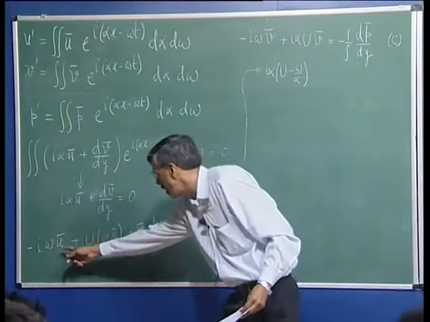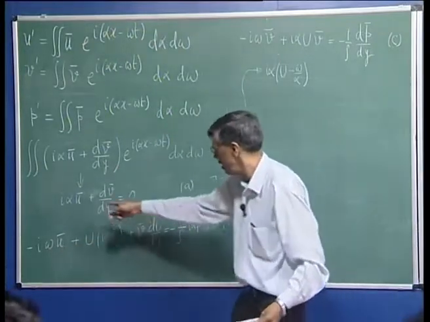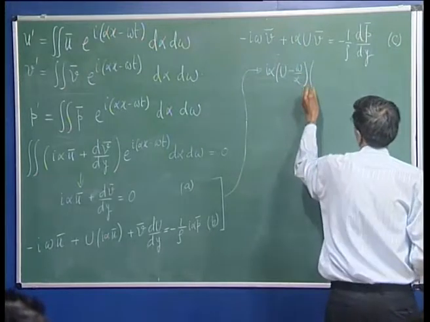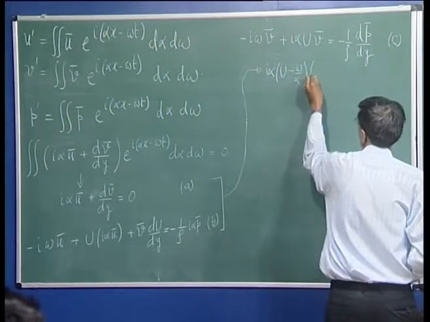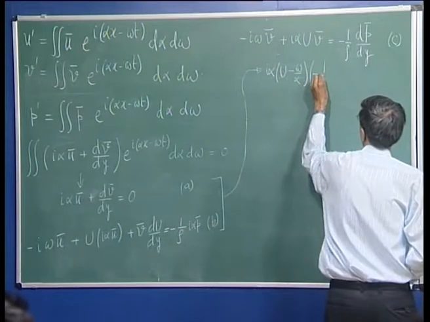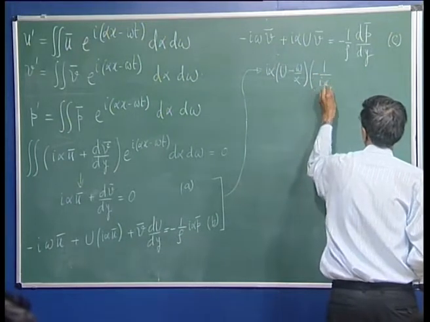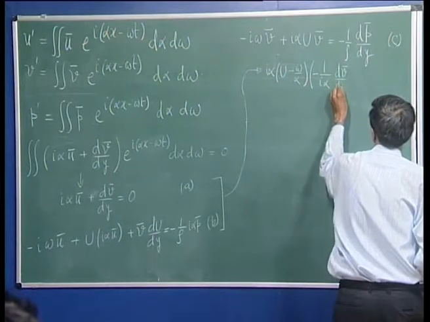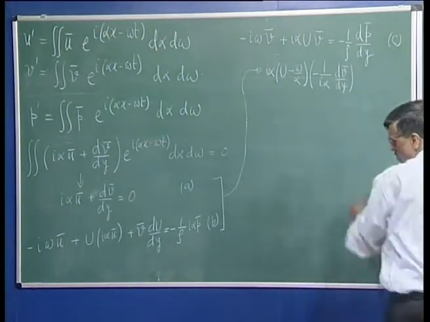See, there is this u bar, and from here I have found out what it is. So I will write that u bar is minus 1 upon I alpha times dv bar dy. That is that term.